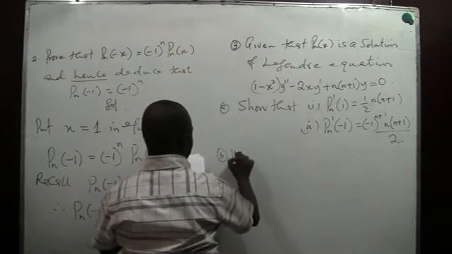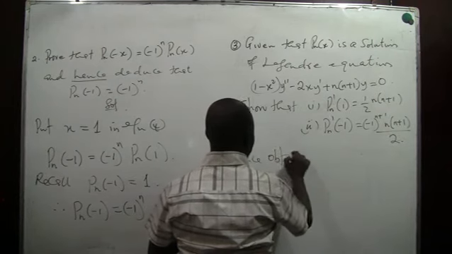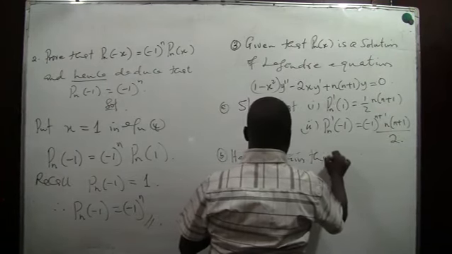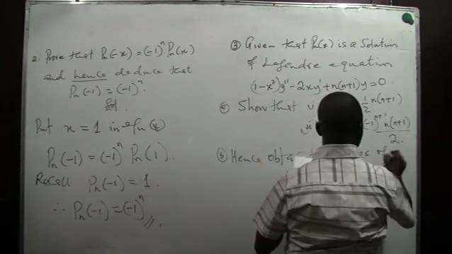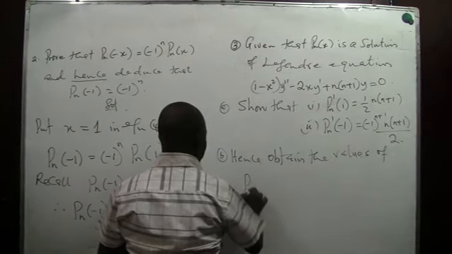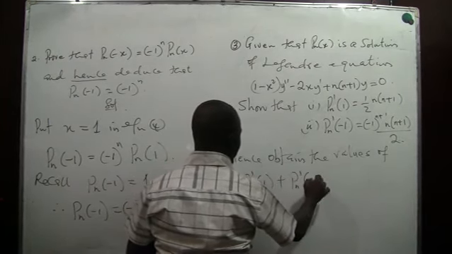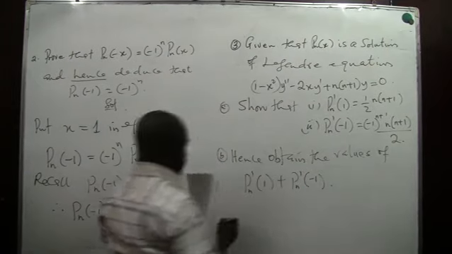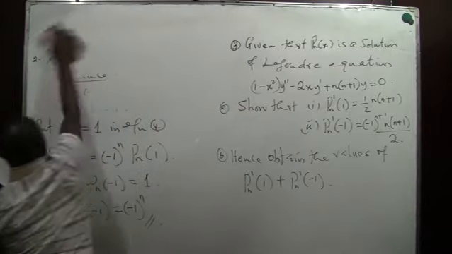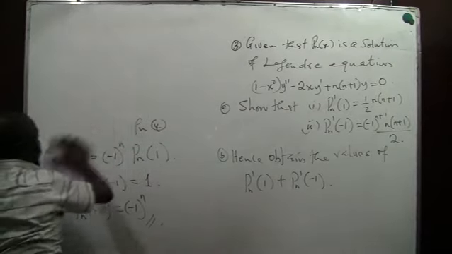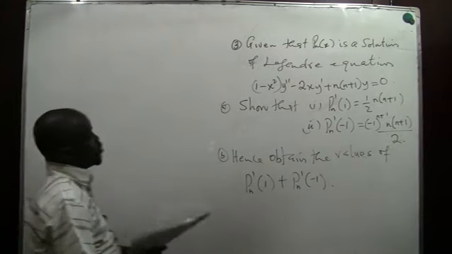B, hence, obtain the value of Pn prime of 1 plus Pn prime of minus 1. That is the question. So let's look at the question again.